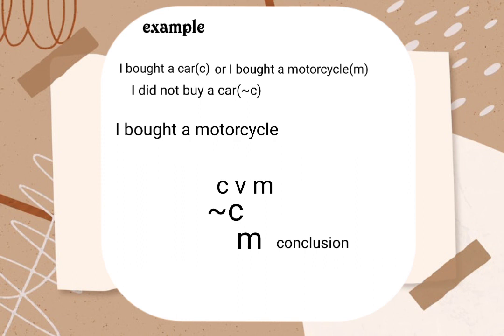Hindi daw siya bumili ng car. Ang binili niya ay motorcycle. So, yun ang tinatawag nating disjunctive reasoning.